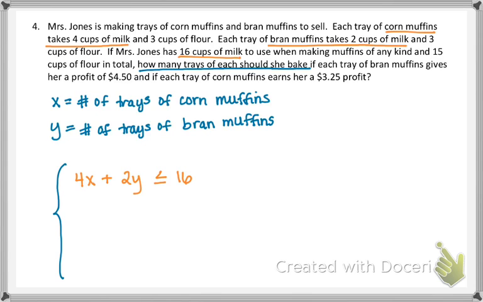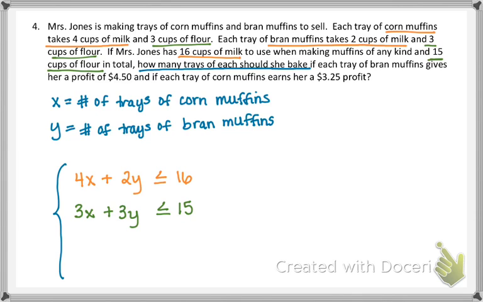And then another constraint would be that we only have 15 cups of flour. Okay, so looks like corn muffins takes up 3 cups of flour and bran muffins take up 3 cups of flour as well. So we have 3x plus 3y has to be less than or equal to 15.